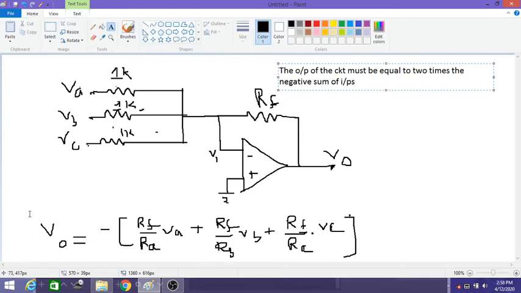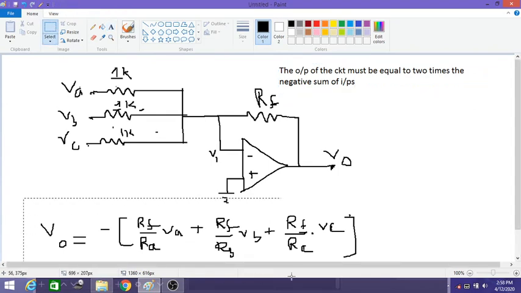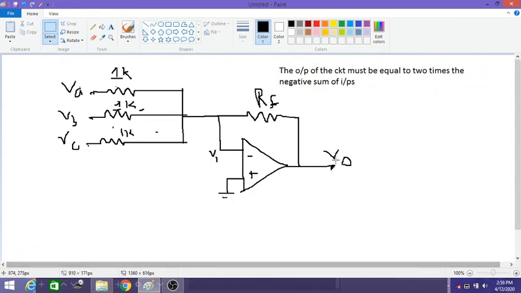Now let me clear this section. The output required is that V0 is equal to minus 2 times of this, so it is minus 2 of VA plus VB plus VC. Now we know that if all these resistance values are the same, which is the case here, this can be written as V0 equals minus RF by R into VA plus VB plus VC.